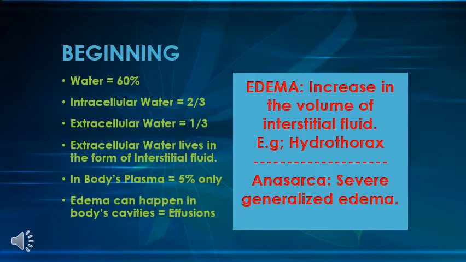Our body has many cavities, like the peritoneal cavity, the pleural cavity, and many other cavities. So edema can also happen in cavities. If edema happens in the cavities of the body, then we use a special name, effusions.